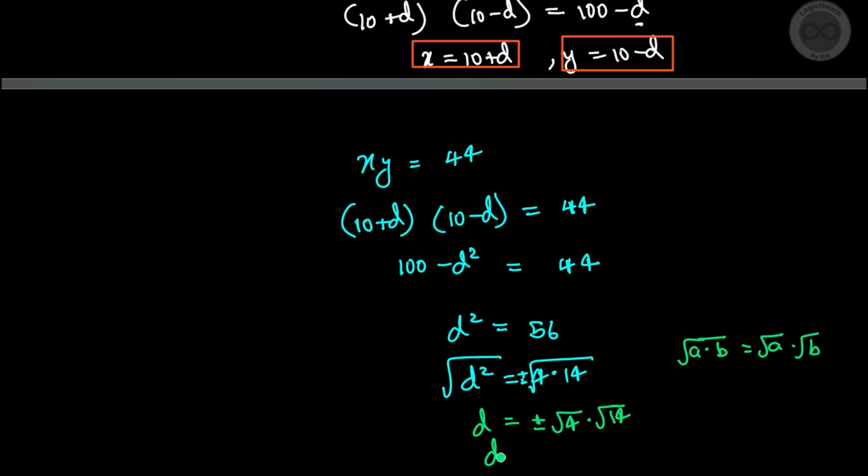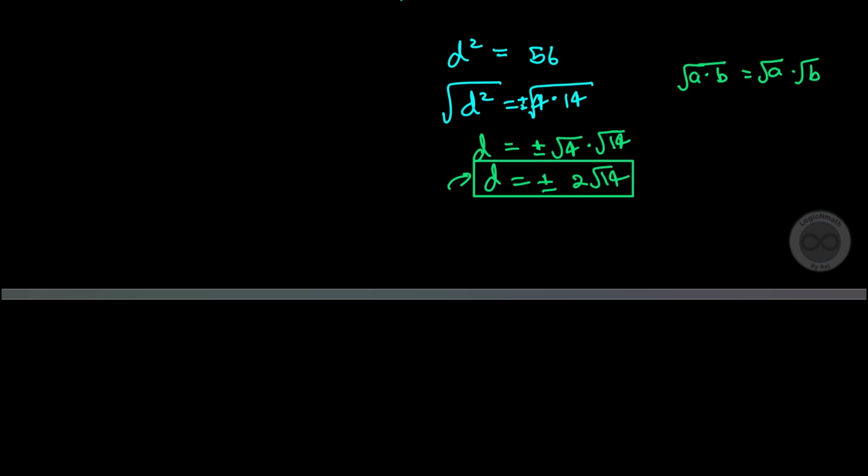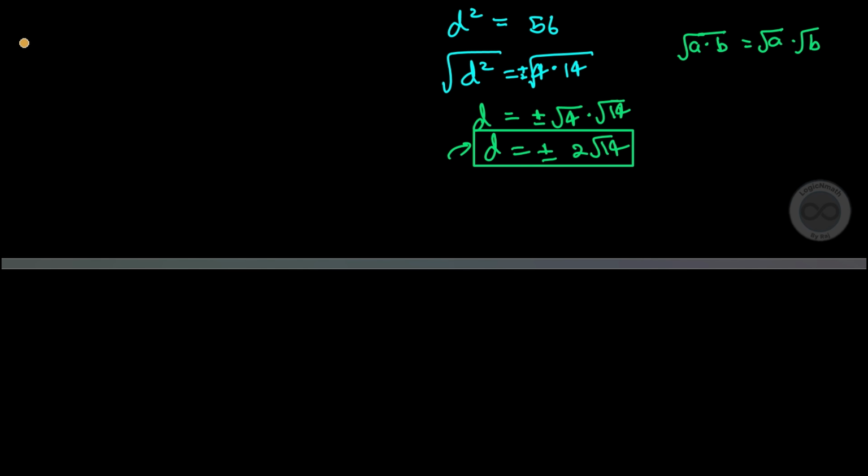So we get d is equal to plus minus 2 root of 14, and now you can see we have got the same answer as from our method 1 and method 2, and this is much faster. So what will be our values of x and y? Our value of x will be 10 plus 2 root 14, and y will be 10 minus 2 root 14, or swapped.